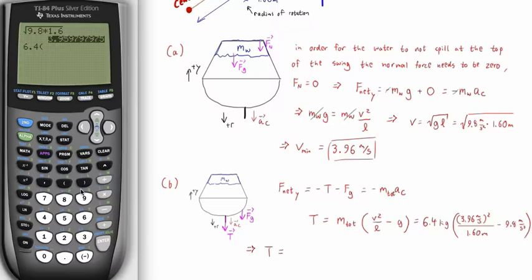I'm going to get the value from above, so we don't have any worry about rounding. We're going to square that, and then divide by 1.6, and then minus 9.8, and then close parentheses. All right, so we get 1.125 times 10 to the negative 8, okay?